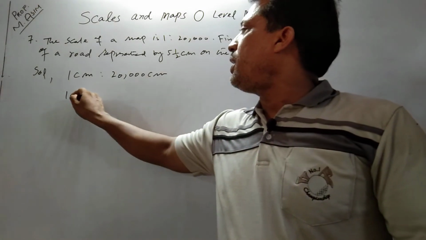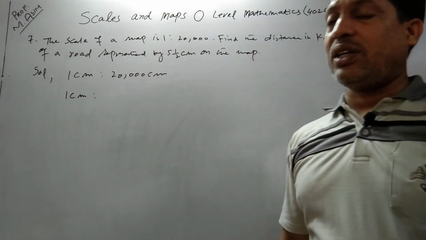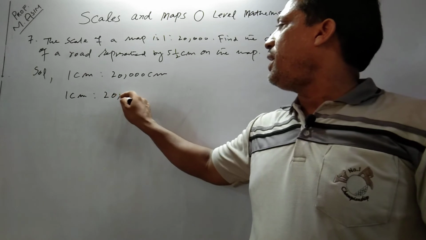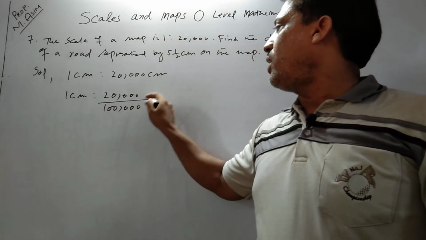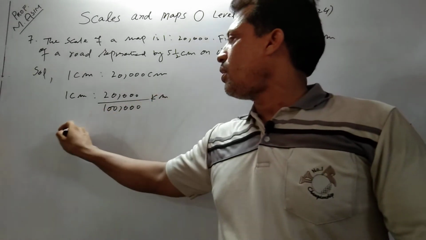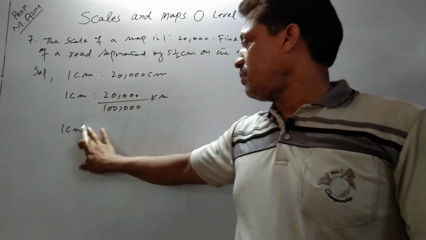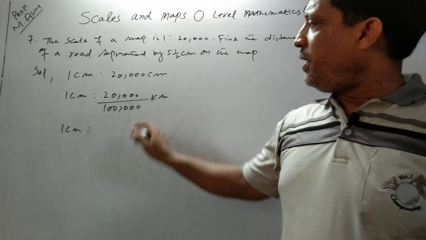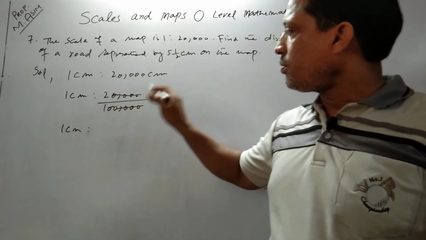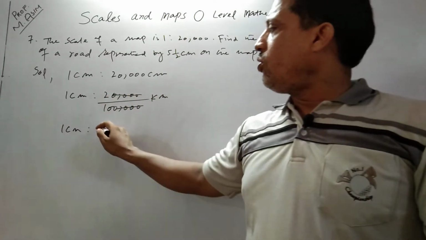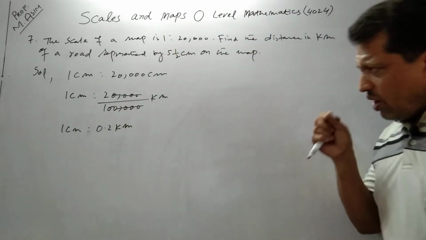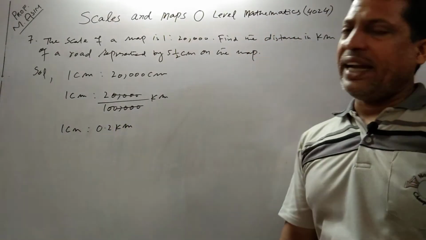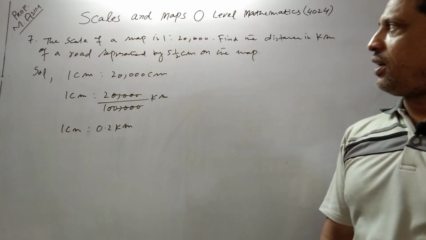Find the distance in kilometer, but first we convert this distance into kilometer. So 1 centimeter represents 20,000 centimeter. How to convert centimeter into kilometer? Divide by 100,000. So 1 centimeter, the zeros cancel, 2/10 is 0.2. So our new scale is 1 centimeter represents 0.2 kilometer.